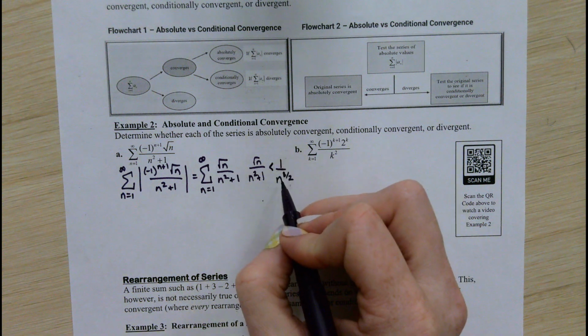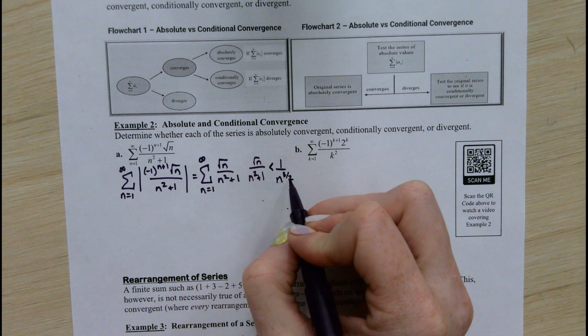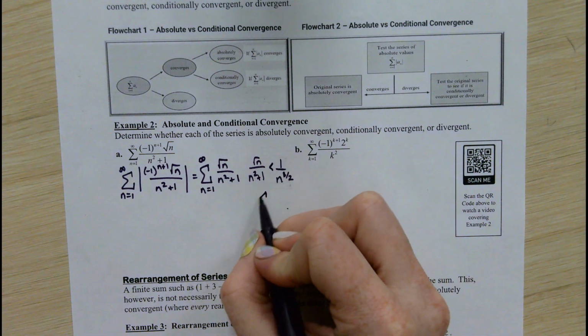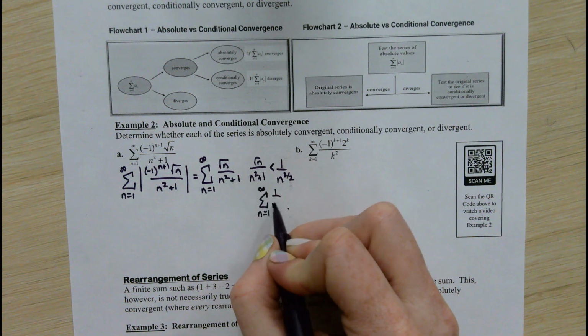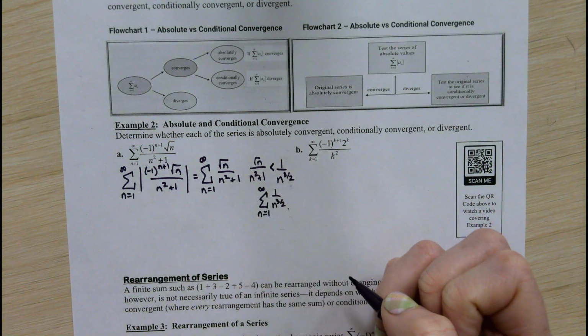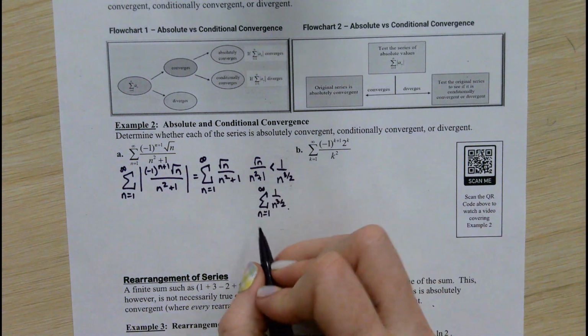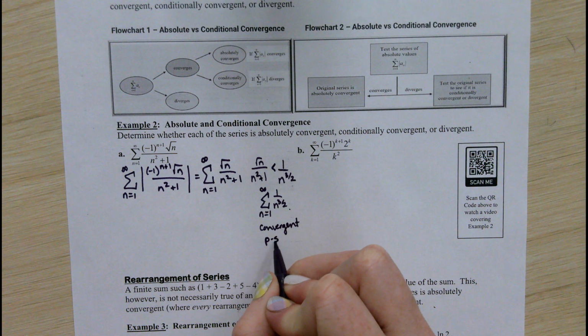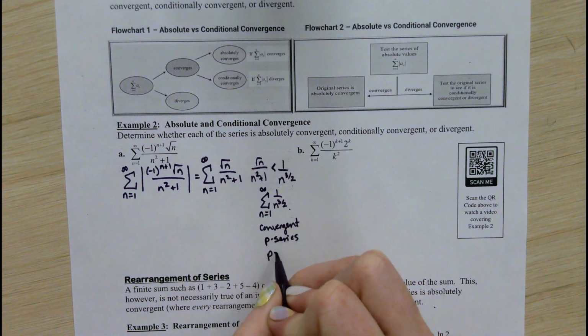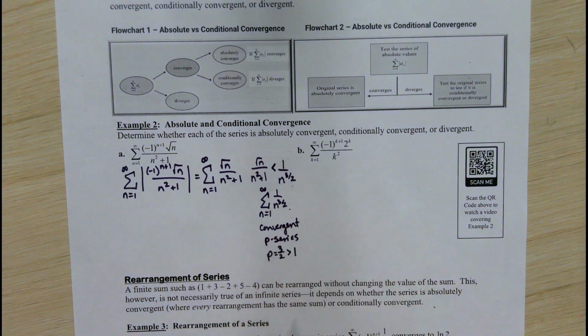So let's think about this 1 over n to the 3/2 as a series. What do we know about the sum of 1 over n to the 3/2? Hopefully you're picking out that this is a convergent p-series, because p is equal to 3/2, which is greater than 1.